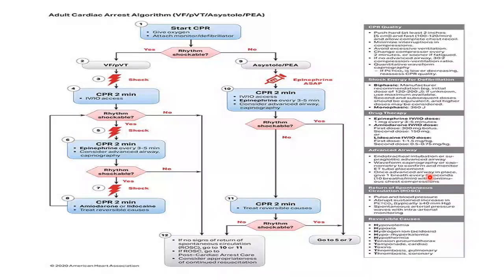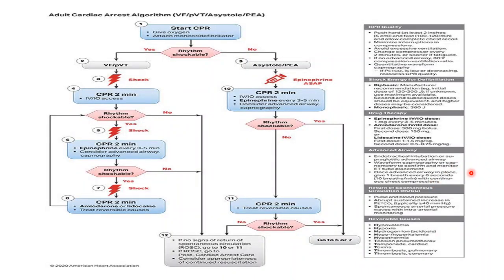Once the advanced airway has been secured, it is important to continue the CPR without interruptions, that is, not 30:2, and ventilate at a rate of around 10 to 12 per minute, that is, every 5 to 10 seconds give one breath. There is no need to ventilate very fast.